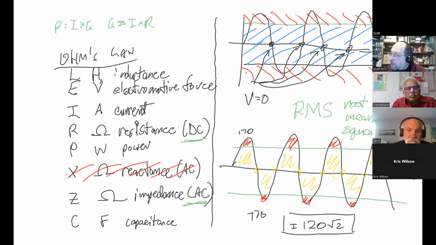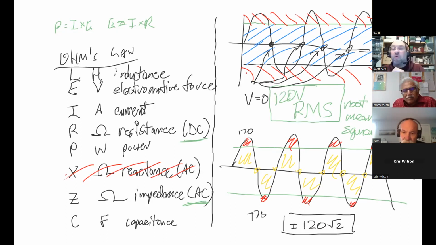So we call this voltage 120 volts RMS. We call it 120 volts, but it's important to know that when you stick your meter in the wall, it's measuring RMS voltage and not peak voltage. You actually have a peak that goes from plus 170 to negative 170. And if you're thinking about taking your general exam, this is on the general exam.